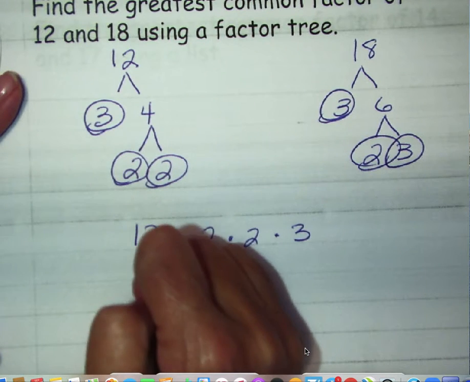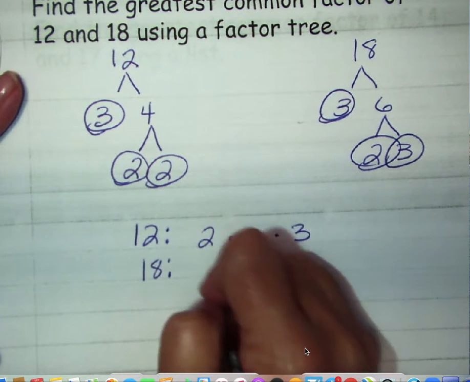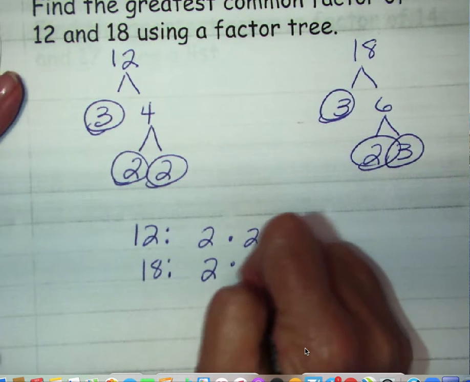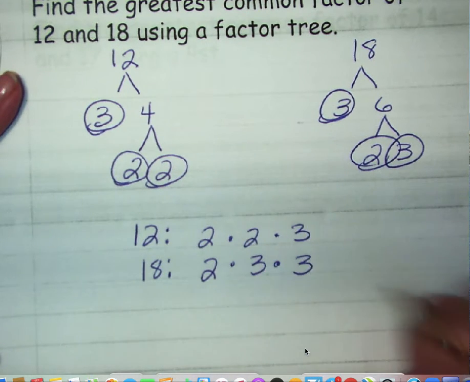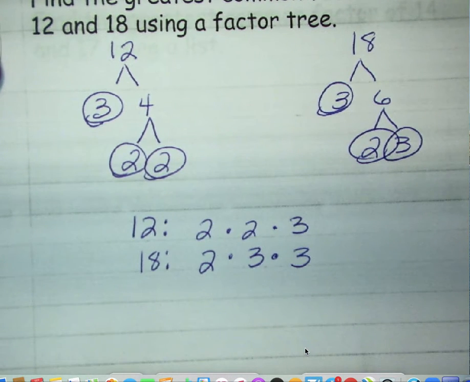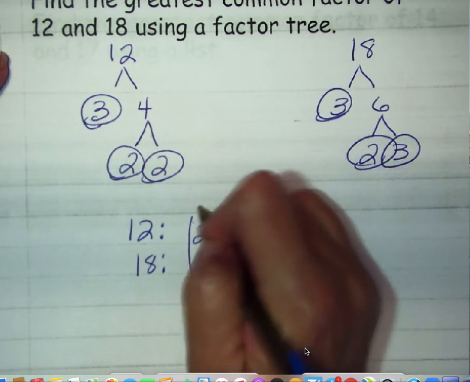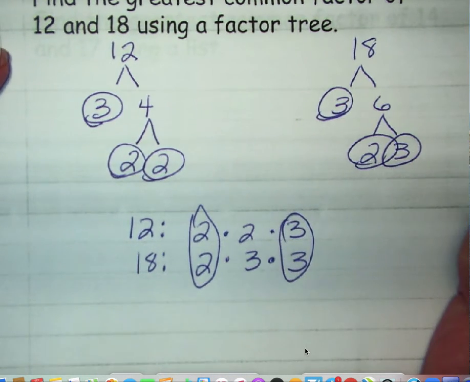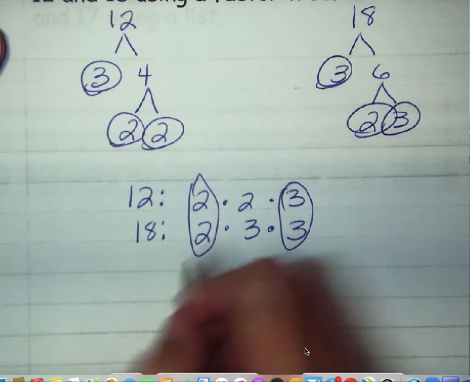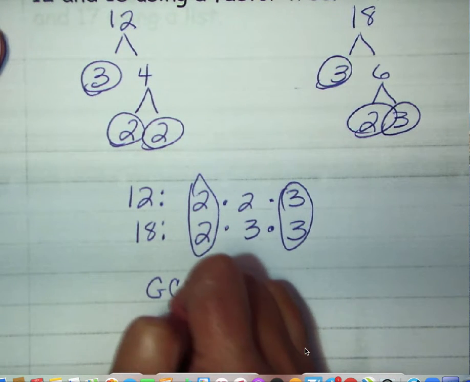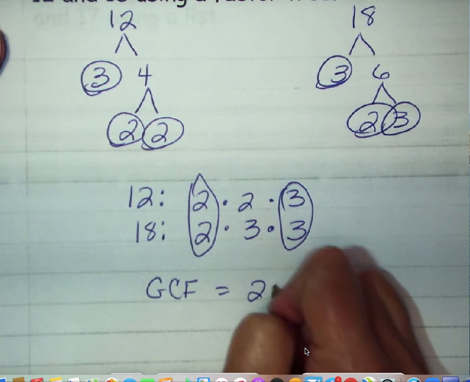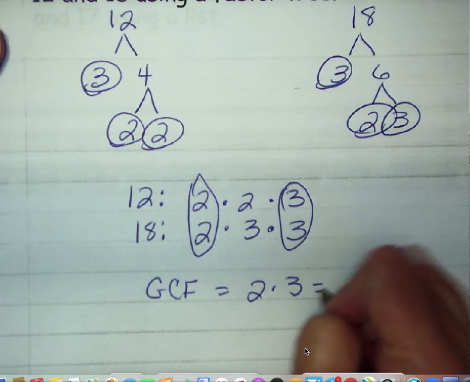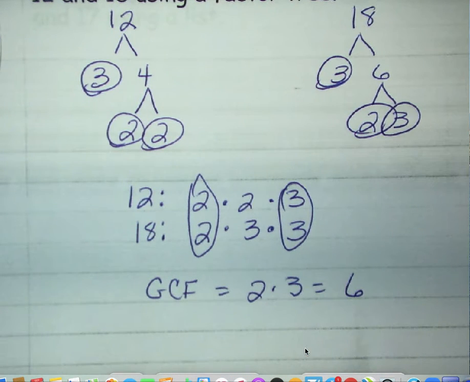My prime factorization of 18 is 2 times 3 times 3. Well, what shows up in both lists? The 2's and the 3's. Those are the matching sets. So my greatest common factor is 2 times 3, which is 6.